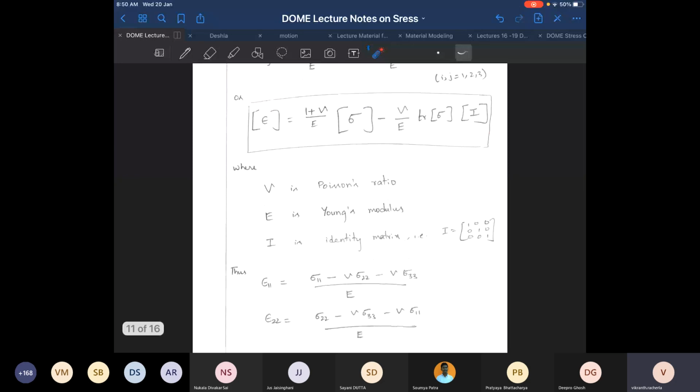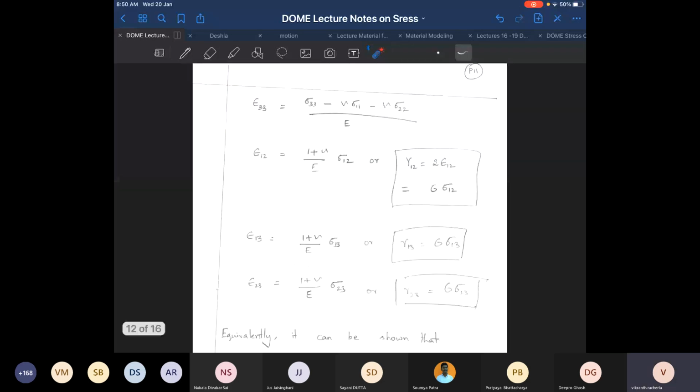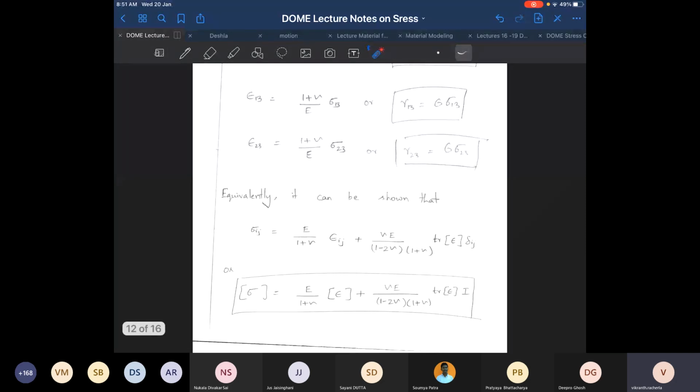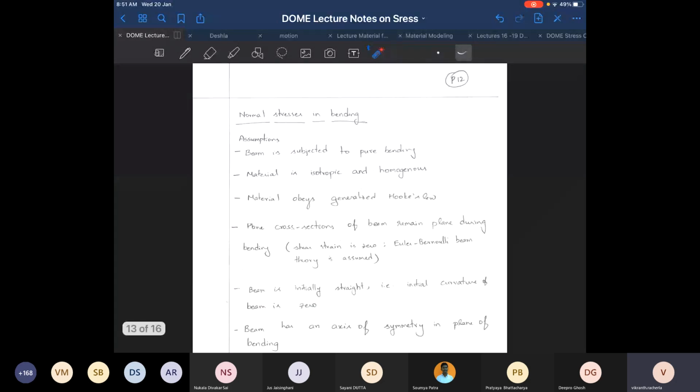Fine. Under specialized cases, you can figure out the relation between stress and strain, and you can invert this relation. The earlier relation was strain in terms of stress; you can invert it and write stress in terms of strain. No issues over there.